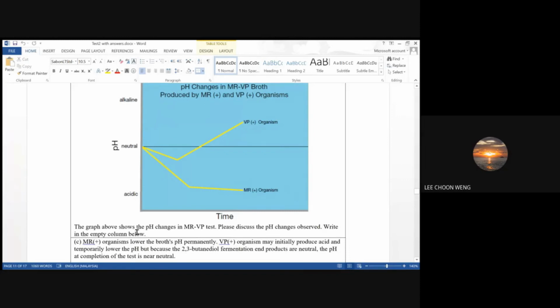Whereas for Voges-Proskauer positive organisms, although they produce acid initially, most of the end products are neutral. Okay, so actually the pH does not become acidic. So that's the difference between an MR positive and a VP positive organism.